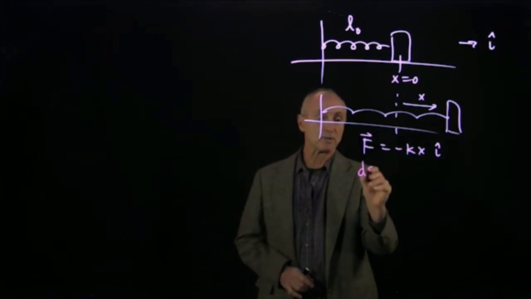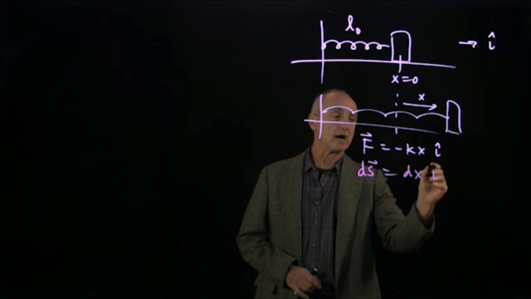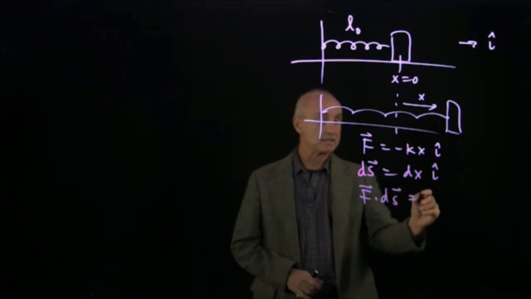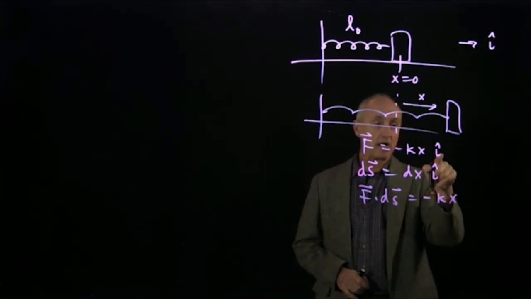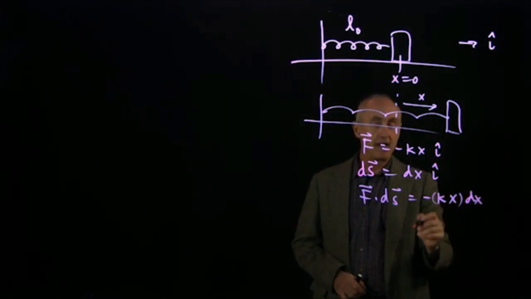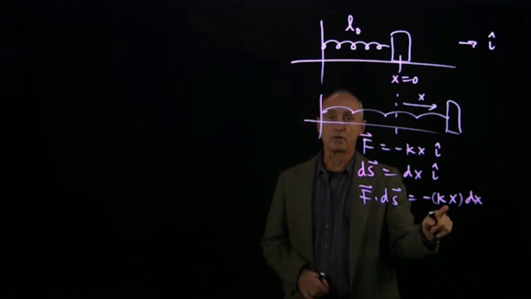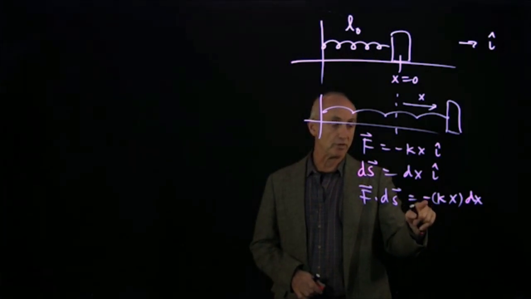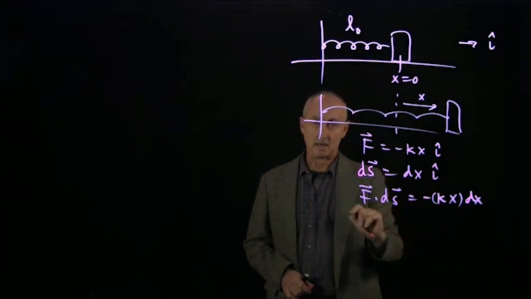So if we took our displacement to be dx i hat, and we take the dot product of F and ds, we get dx i hat dot i hat is 1 times dx. And that's just the x component of the force times the displacement, with a minus sign, because the x component of the force is negative kx.